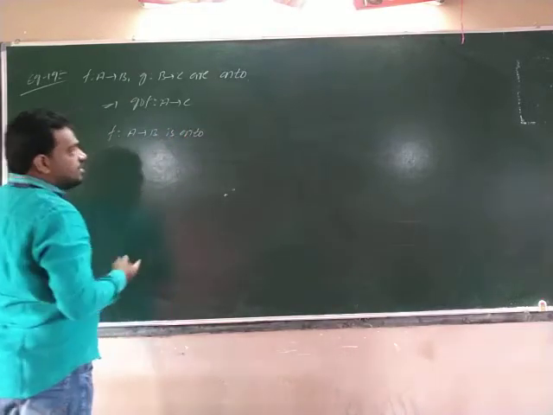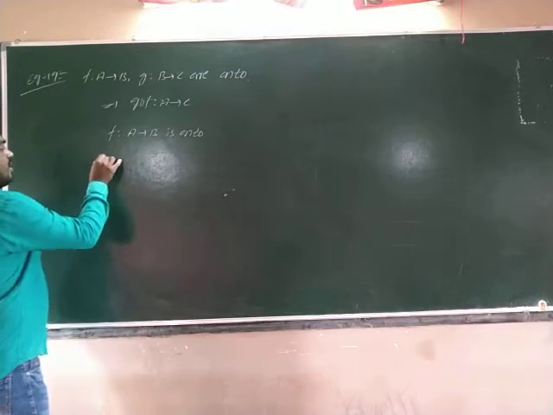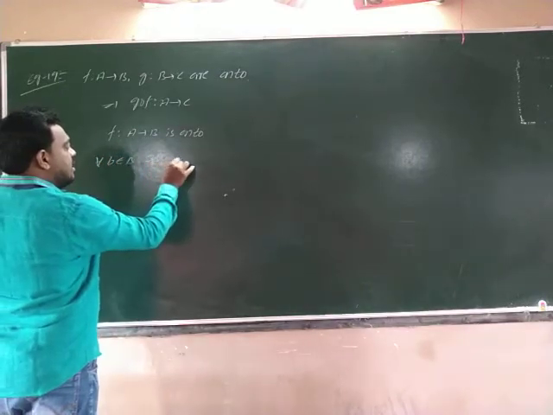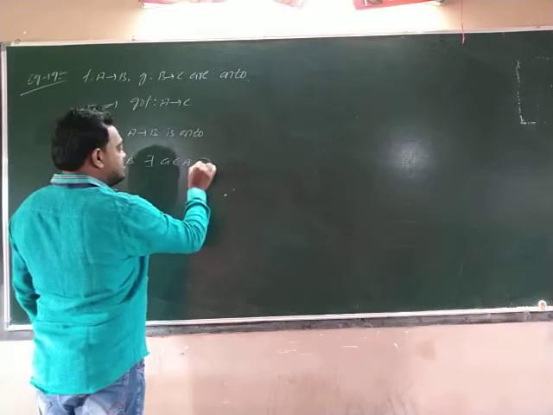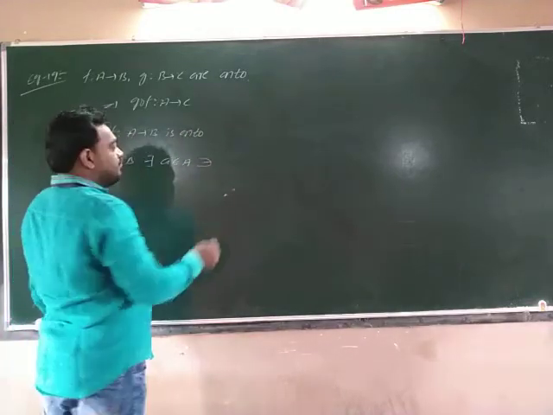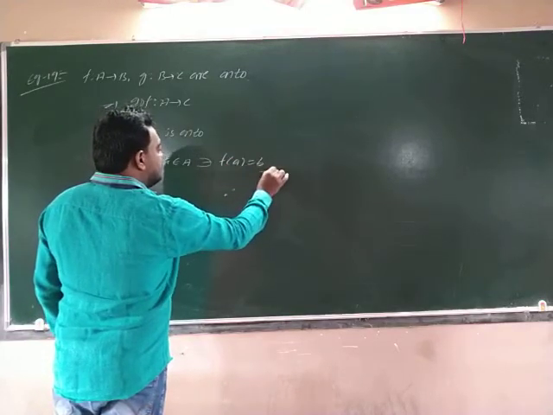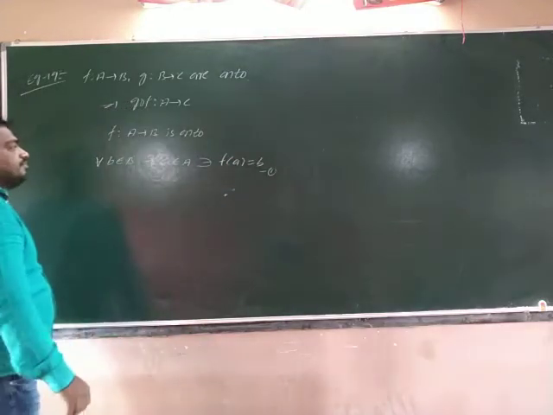For all b belongs to B, there exists a belongs to A such that f of a is equal to b. This is equation number 1, the definition of onto.